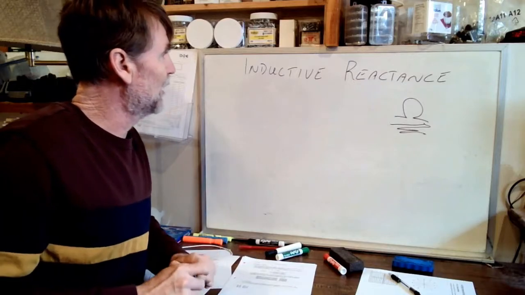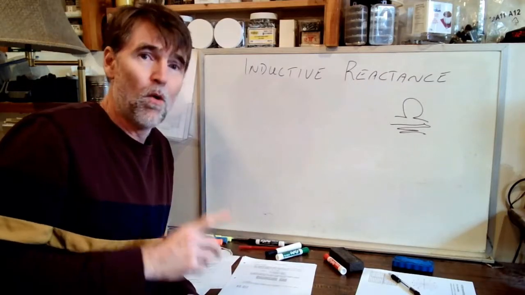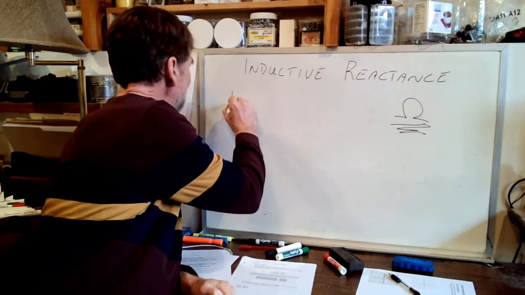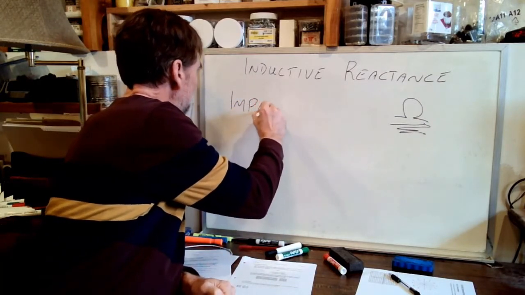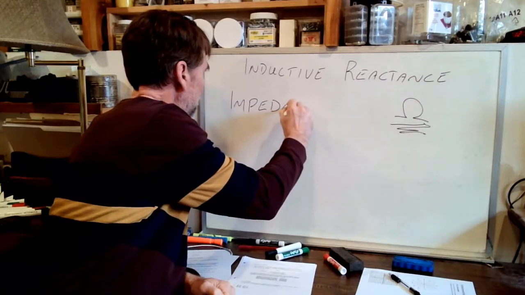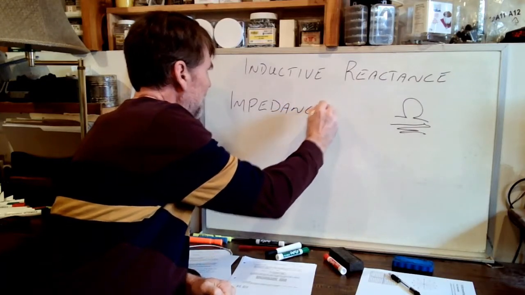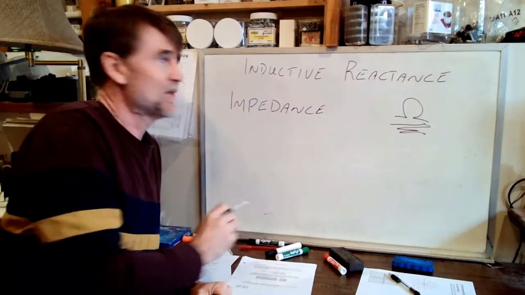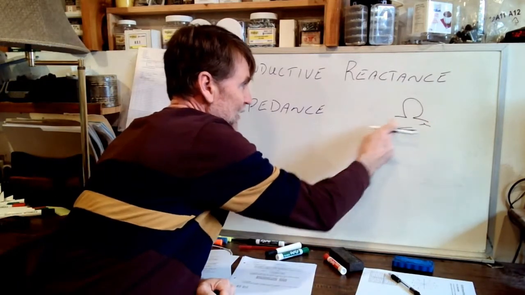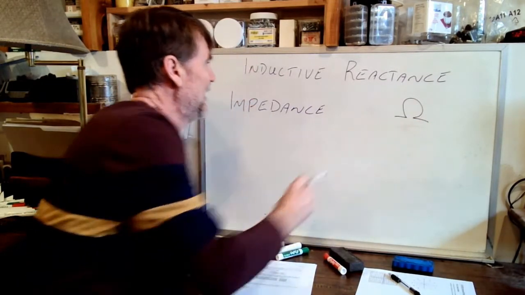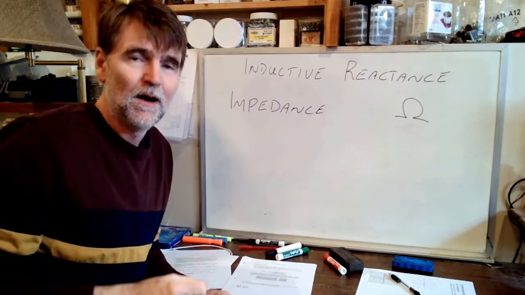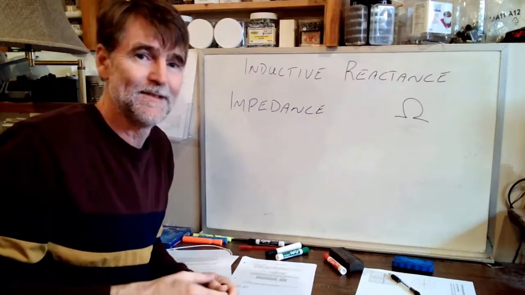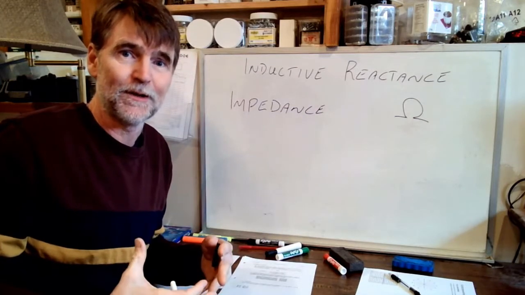Which I think, before I move on, introduces one more term as well, which I'm going to throw out there right now, and that is impedance. And impedance, which is also an ohmic value, is a total of all of the resistances and reactances that exist within a circuit.